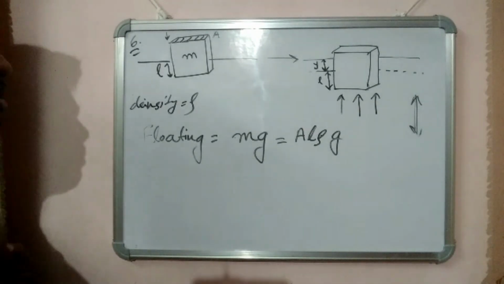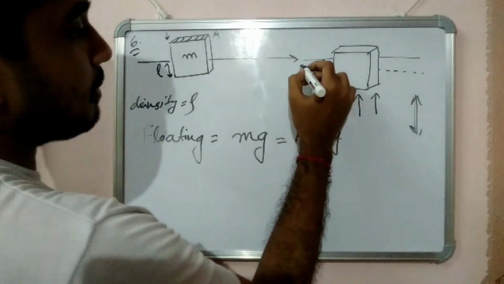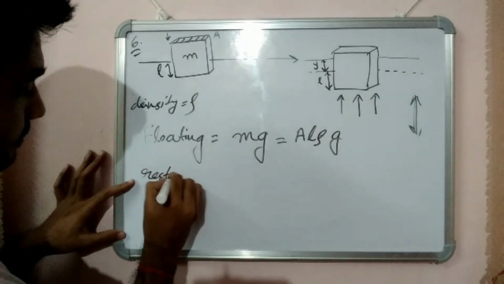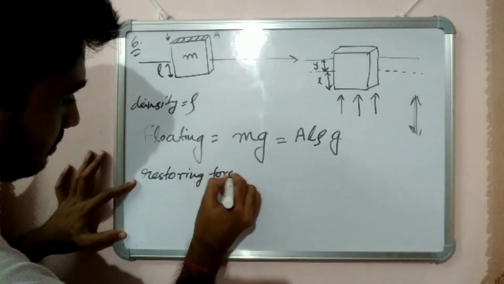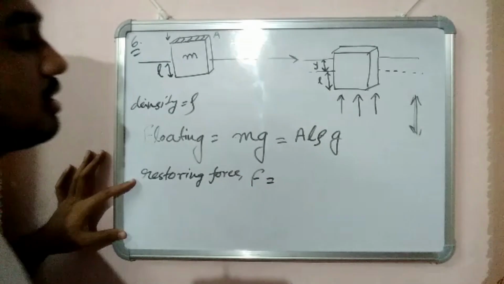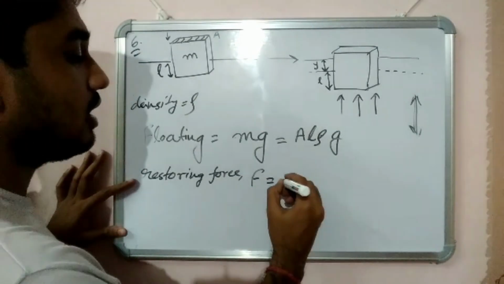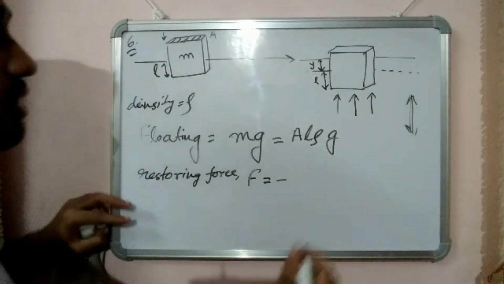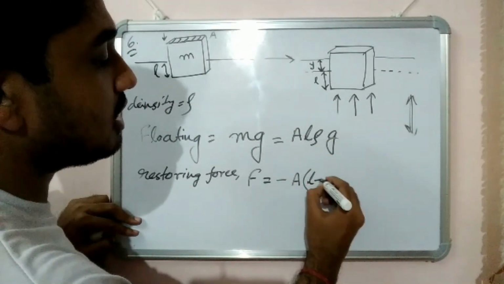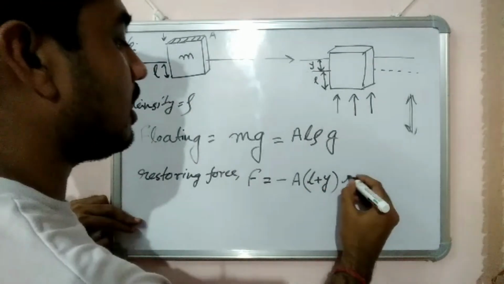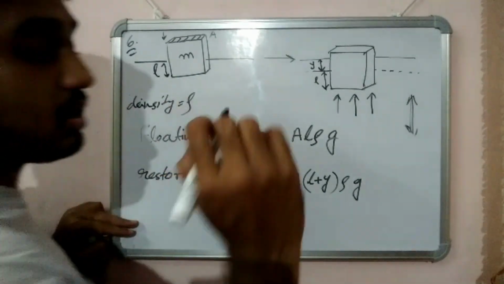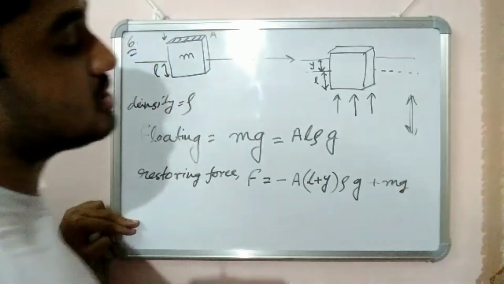Now we applied a force here and displaced it by a little amount Y. So there will be a restoring force, and the restoring force equation will be equal to, and it is always minus, we know that, let's put the minus aside, A, the new changed length, L plus Y. As it was earlier, this is our change in force due to change in length, and the weight mg was still there.